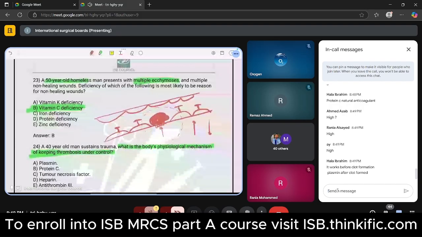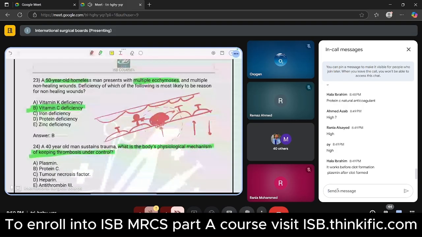Now, this thrombin will spill over to the healthy endothelium and form a complex with thrombomodulin. Suppose this ball is representative of thrombin. They will form a complex called the thrombin-thrombomodulin complex. Now, thrombin is a procoagulant, but when it binds to thrombomodulin, it becomes an anticoagulant, the reverse of its function.